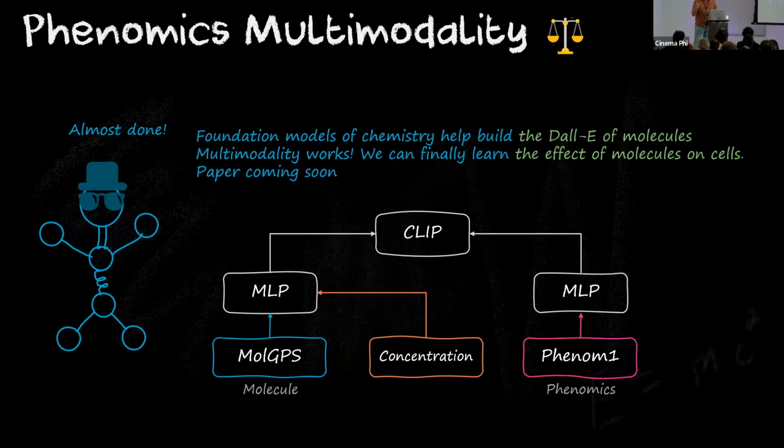Or given any microscopy outcome that you desire, you can find back the molecule that generated that. This is why I like to call this the DALL-E of molecules, because it embeds them in the same space, and you can then plug in generative models. A paper about this model will be coming soon, so stay tuned.